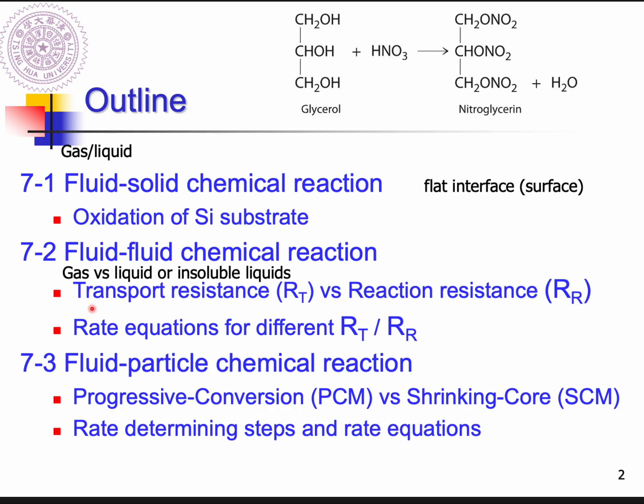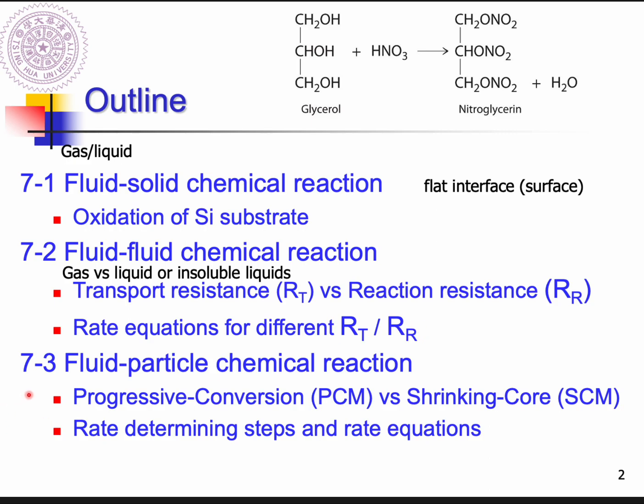When we estimate the whole heterogeneous chemical reaction rate, you need to consider both. So the rate equation has transport resistance and reaction resistance, and based on these values you can know the weighting for transport and reaction, which is the limiting step. The detail we are going to talk about in the following slides.